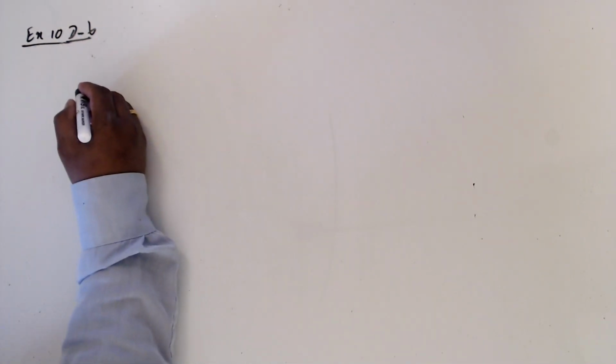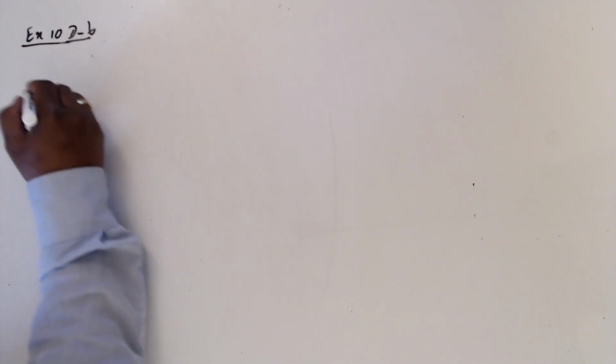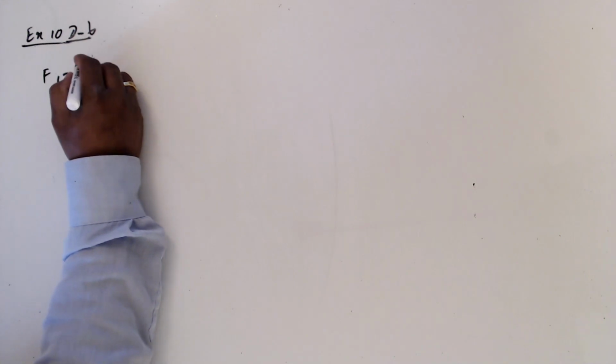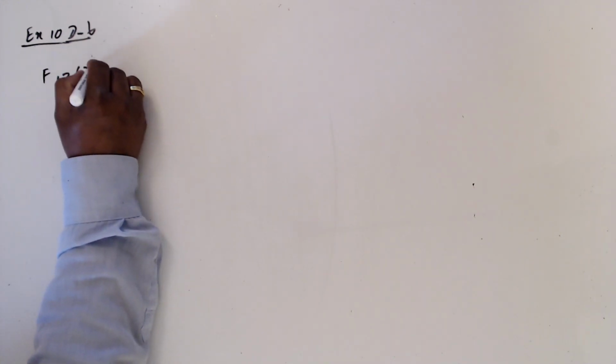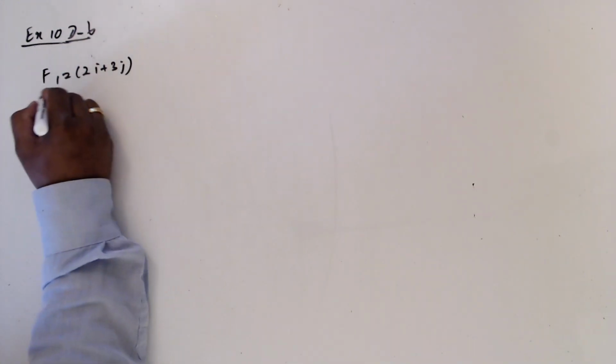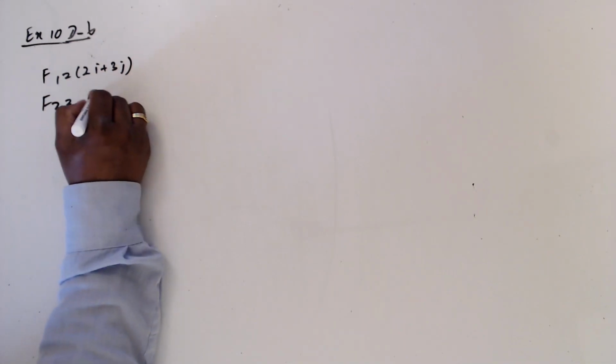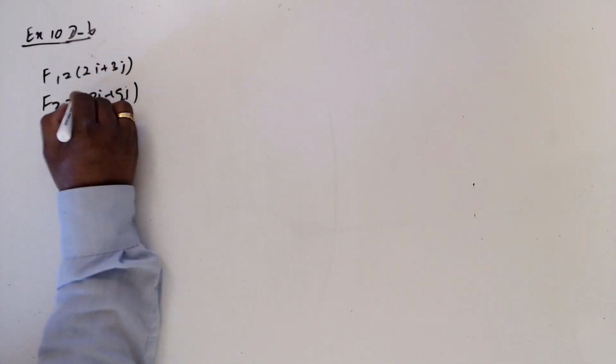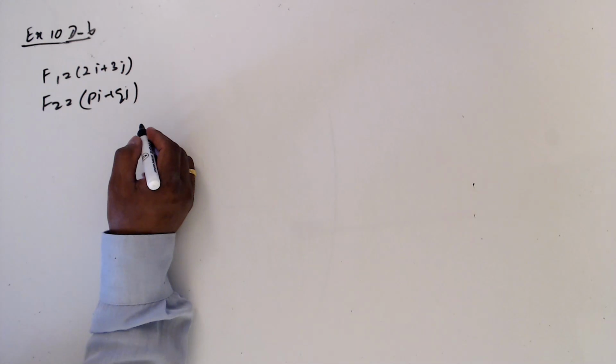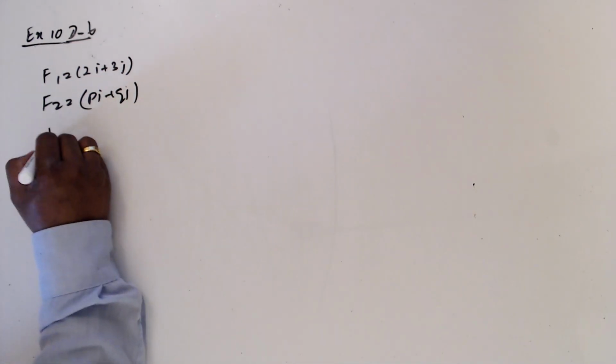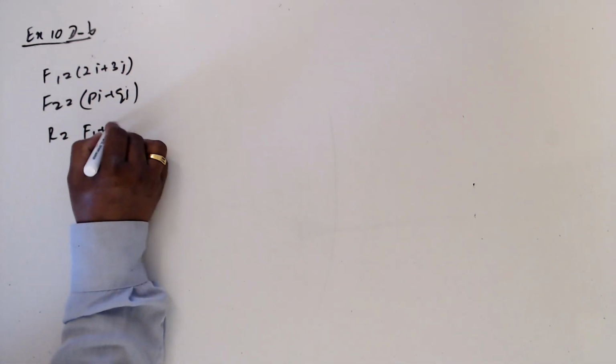Question number 6. Two forces. I will take one force as F1, 2i plus 3j. Another one is pi plus qj, acting upon the particle. The resultant force R equals F1 plus F2.